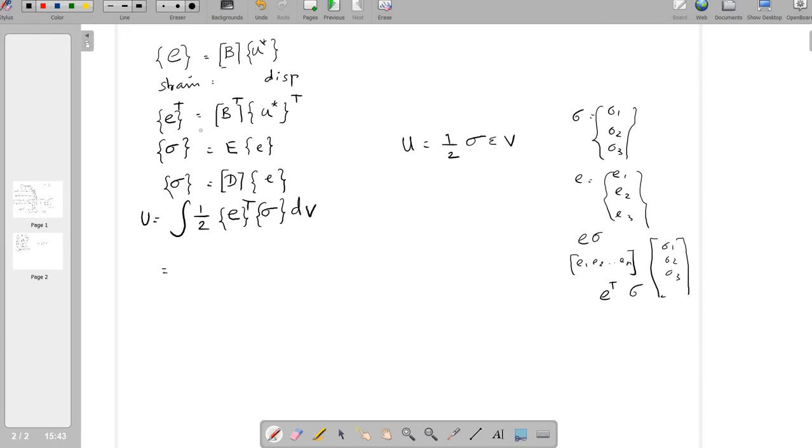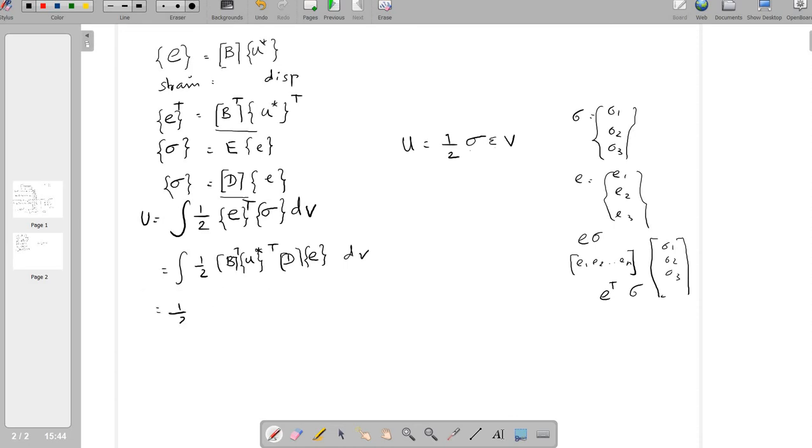So now we are going to apply this sigma and strain transpose relation, half into, here it is B transpose U star transpose, sigma is D into E, D is a scalar quantity, B is a scalar quantity, U and E is the vector quantity, into dV. I am going to separate the B and D component.